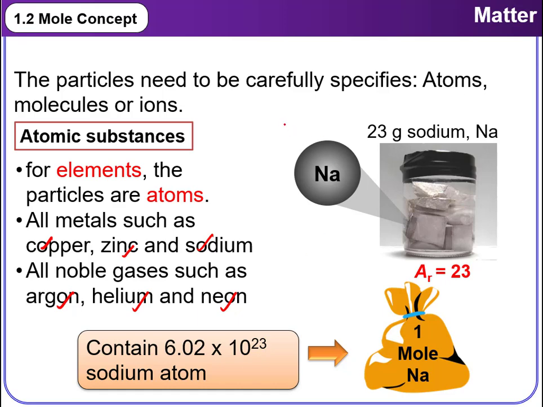Let us look at the example of sodium. 1 mole consists of 23 gram of sodium, which contains 6.02 times 10 to the power of 23 sodium atoms.